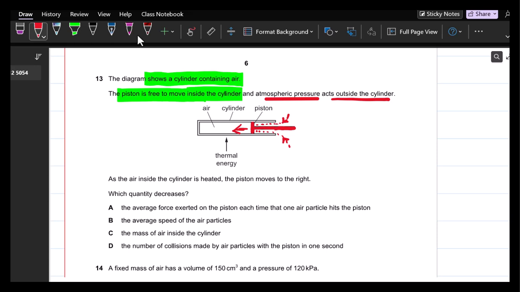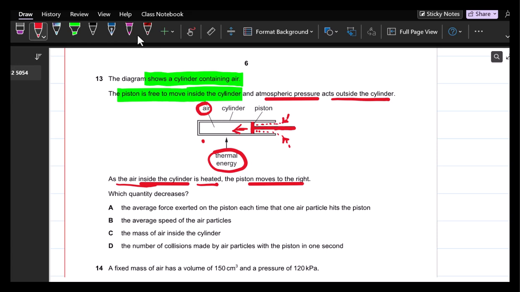So as the air inside the cylinder is heated, ये जो air है यहाँ पर, which is also labeled here, इसको जब हम थर्मल एनर्जी देंगे, हीट करेंगे, the piston moves to the right.